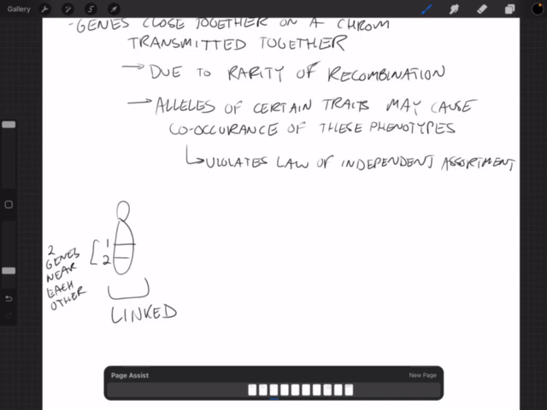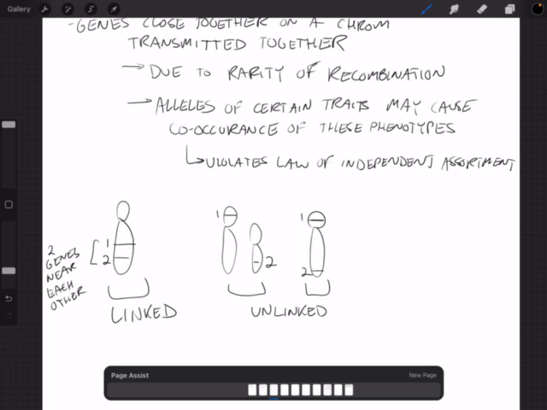However, if you have genes on two different chromosomes, or far apart on the same chromosome, these are unlinked, and they will behave just like you would expect in Mendel's law of independent assortment.